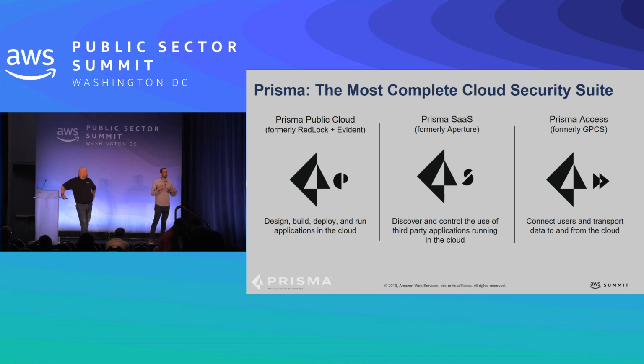Their solution can actually look at, when it's scanning your configuration through the APIs, can detect changes in it and document those. So we have our own change drift management for the infrastructure. You can scan it beforehand with Prisma. Once it's deployed, Prisma Cloud Redlock Evident is going to be scanning those changes as they happen in real time. And his question was regarding the ability to scan CloudFormation templates and understand changes in real time.